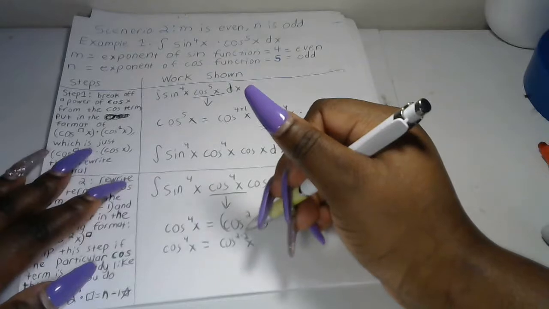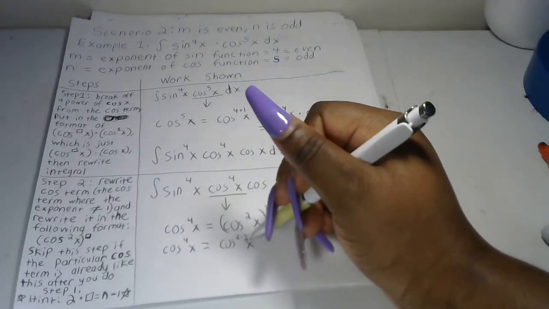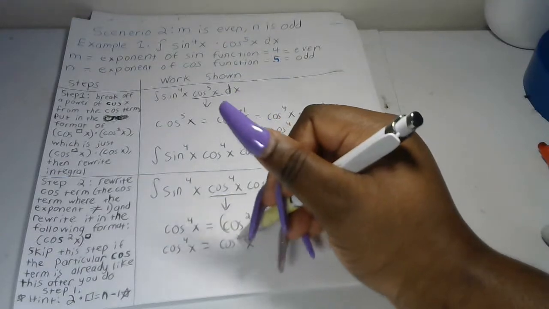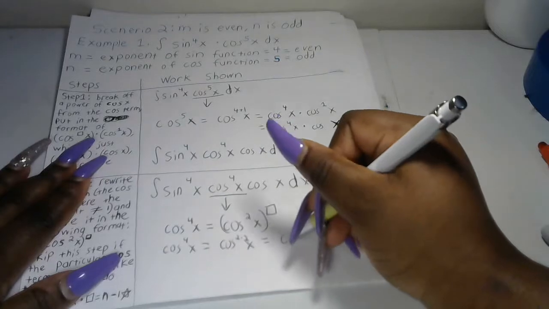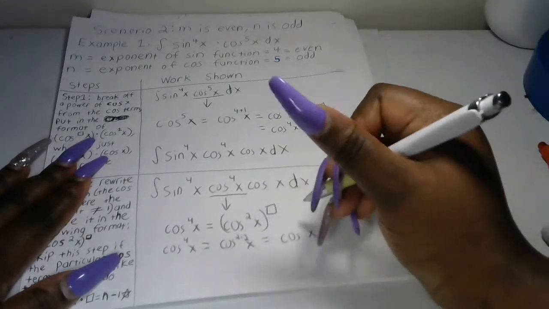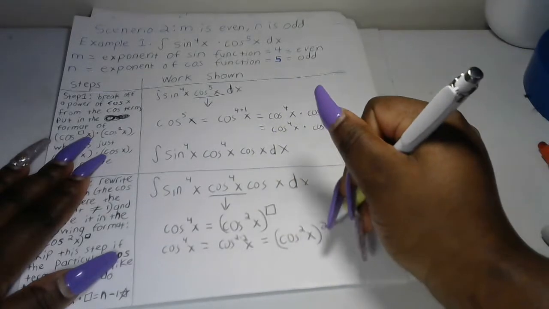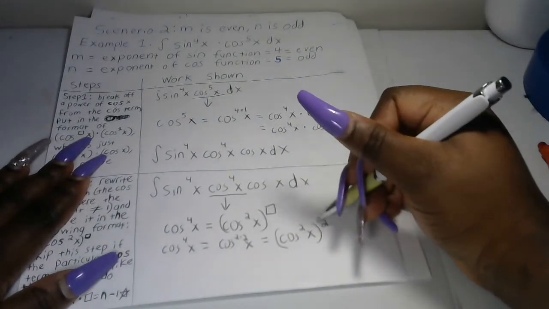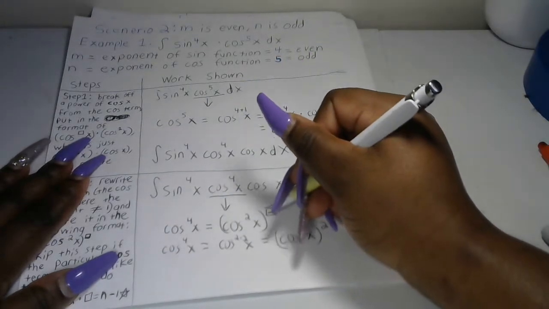Because remember, 2 times 2 is equal to 4. So the cosine of x to the power of 2 times 2, if it's times, then we can break it down like cosine x to the power of 2, and all of this raised to the power of 2. So this 2 right here, this is the something. So it goes here too.